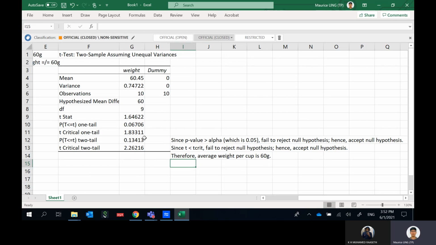Let's say you use 99% confidence. That means if the null hypothesis has less than a 1% chance of being correct, then you say the null hypothesis is wrong.